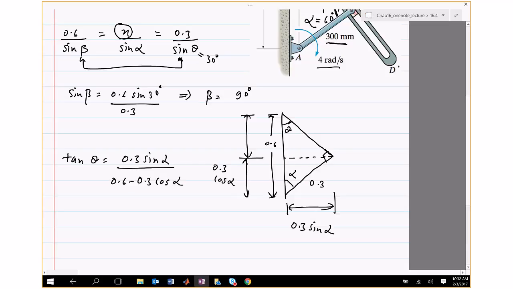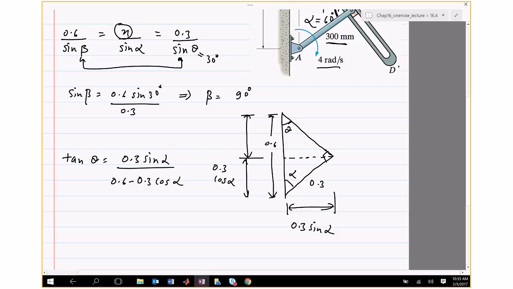Okay, and the reason why I did all this jugglery is because I don't care about x dot. I don't want it to come in the equation, because if I get an equation in terms of x, then I'll have to find x dot, and I'm not given x dot. I'm given alpha dot, and I need to find theta dot given theta.